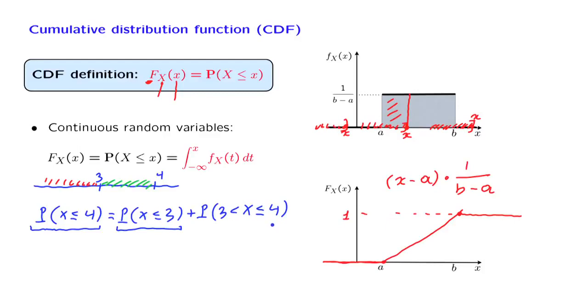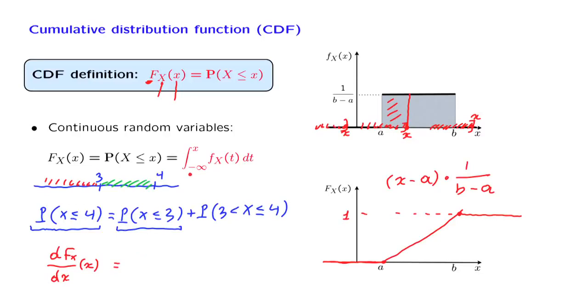And for continuous random variables, the CDF actually has enough information for us to be able to recover the PDF. How can we do that? Let's look at this relation here and let's take derivatives of both sides. On the left, we obtain the derivative of the CDF, and let's evaluate it at a particular point x. What do we get on the right?